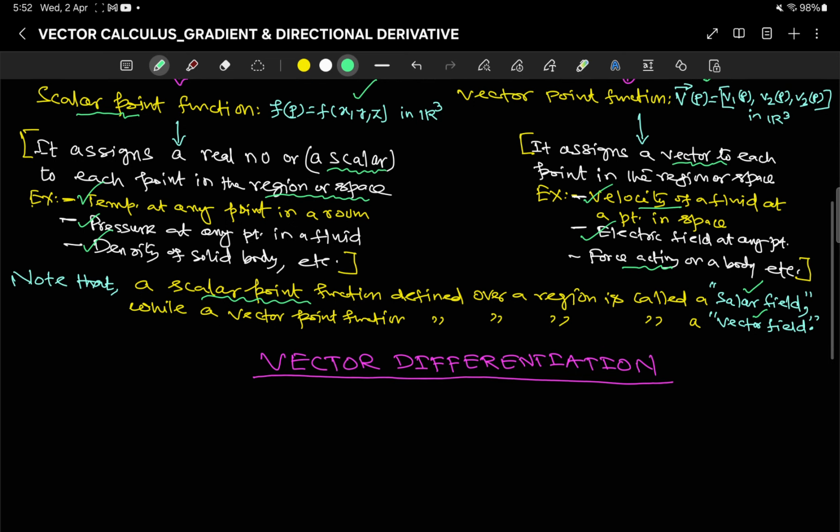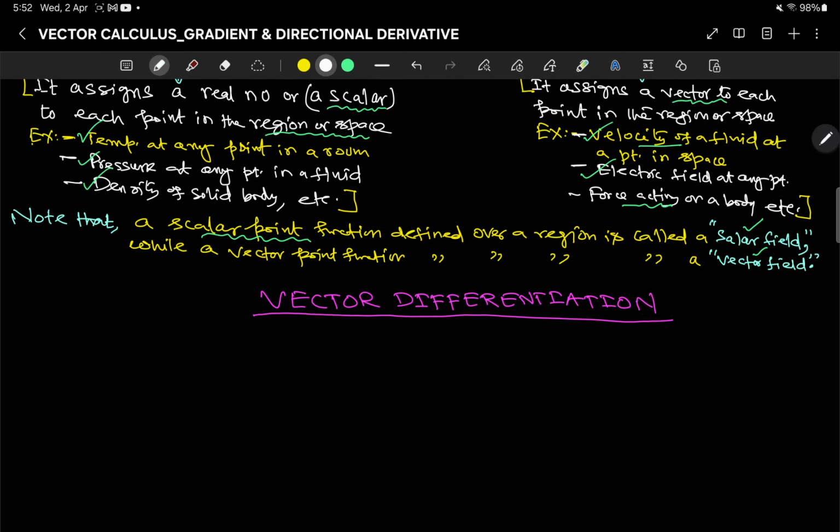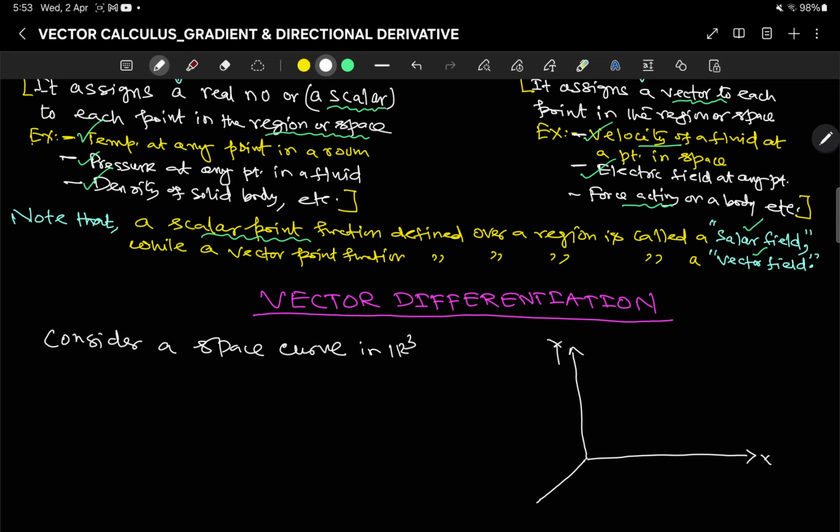Now coming to vector differentiation, consider a space curve in R^3, three-dimensional space. You are given the x-axis, y-axis and z-axis, and suppose you are given a curve like this.